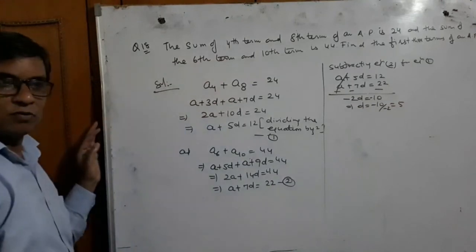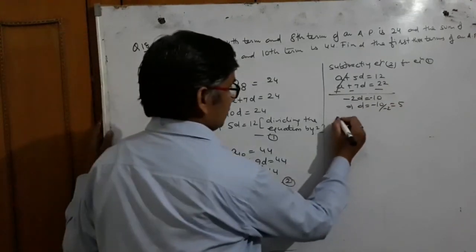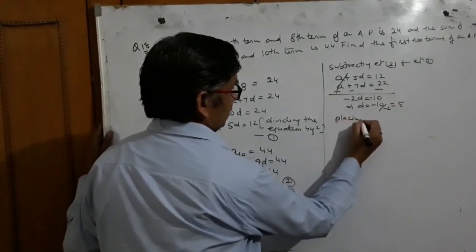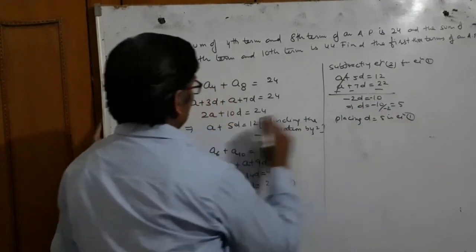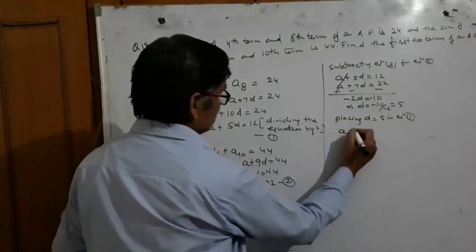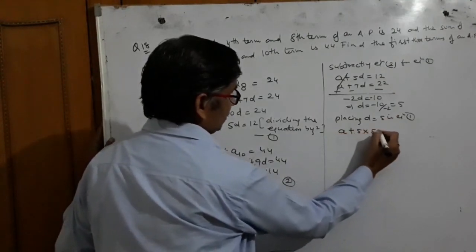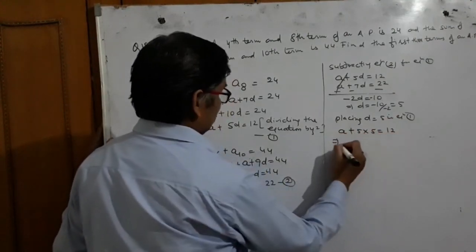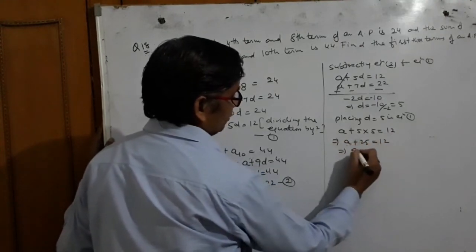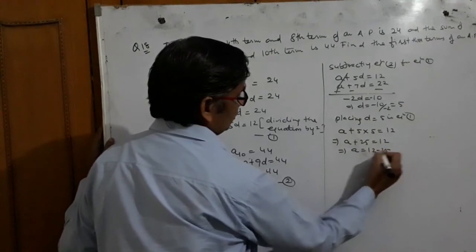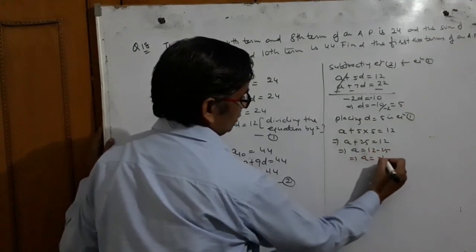Okay. Placing d equals to 5 in equation 1, में पुट करो a plus 5 into 5 equals to 12. a plus 25 equals to 12. So a equals to 12 minus 25. So a equals to minus 13.